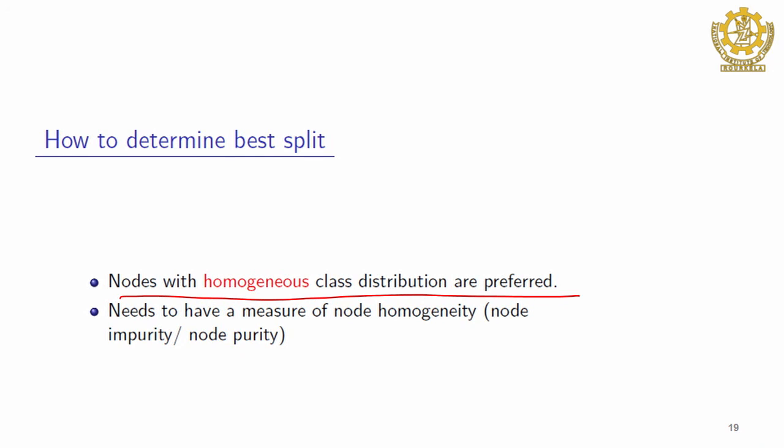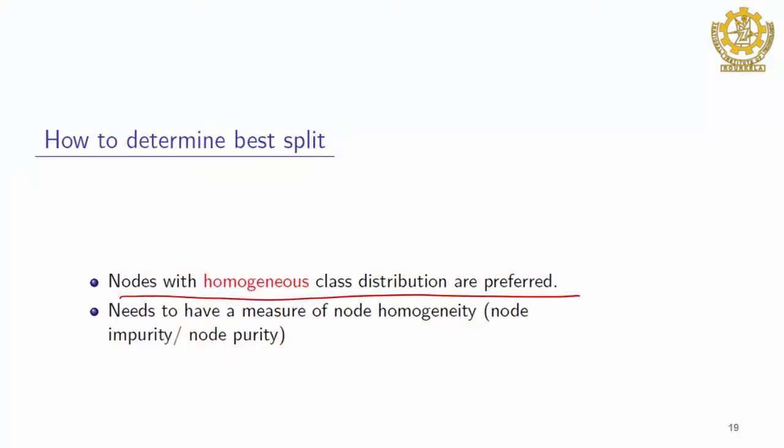So, now what we are saying here is that we should have a partition, we should have subsets in such a way that each subset should be as pure as possible. How do you measure this purity or homogeneous distribution? So, we should have a metric to measure the purity or impurity or homogeneity.